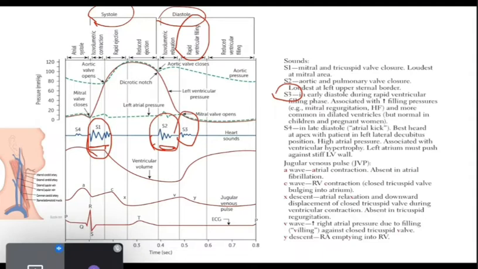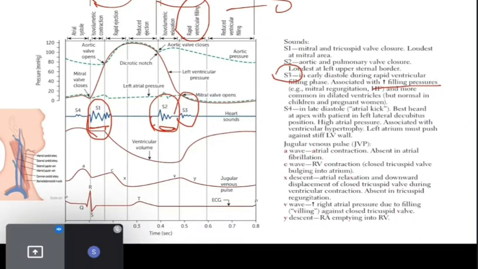Now, the S3 sound, rapid ventricular filling in the diastole, occurs with increased filling pressure in mitral regurgitation, and also in heart failure. Why is S3 increased in heart failure and in mitral regurgitation? If for any cause there is an increase in the atrial pressure and volume, you will have more filling in the ventricle because the atria have more volume.